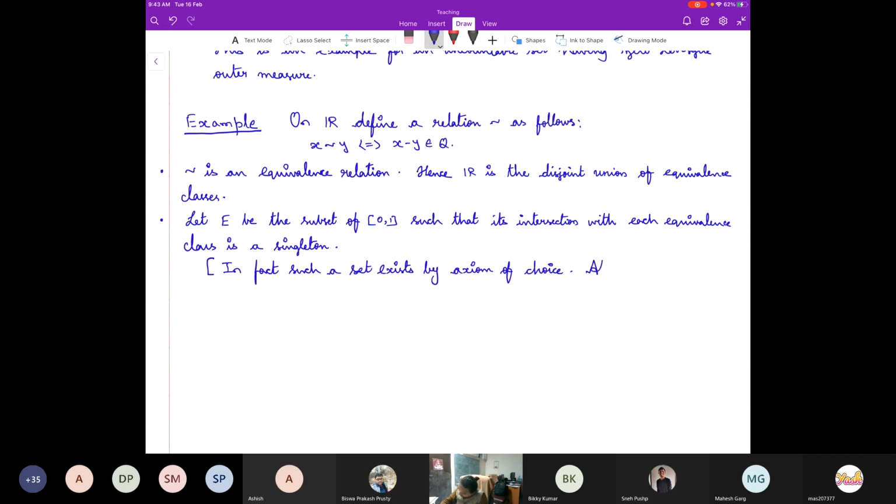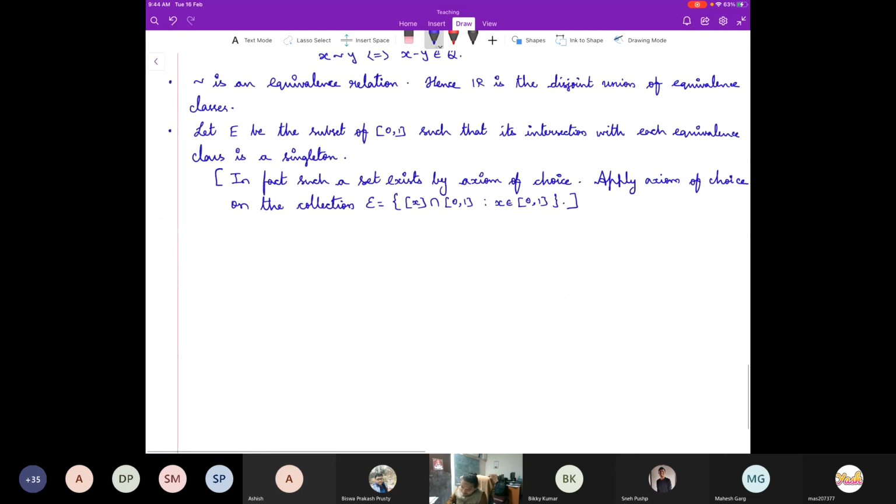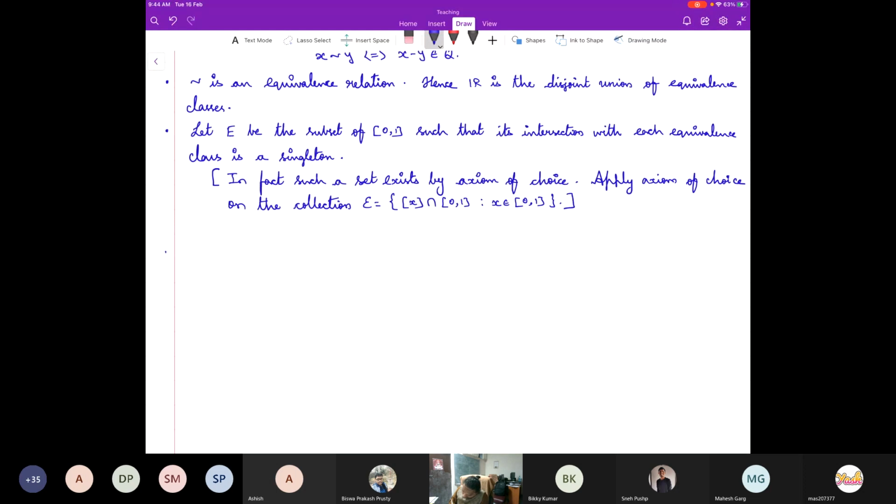You apply the axiom of choice on the collection E equal to all those equivalence classes intersection with 0, 1 such that x belongs to 0, 1, which means you pick one element, only one, from each one of them. Now things are quite easy.